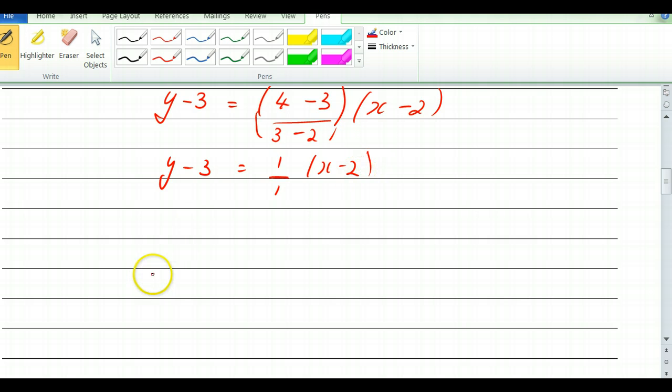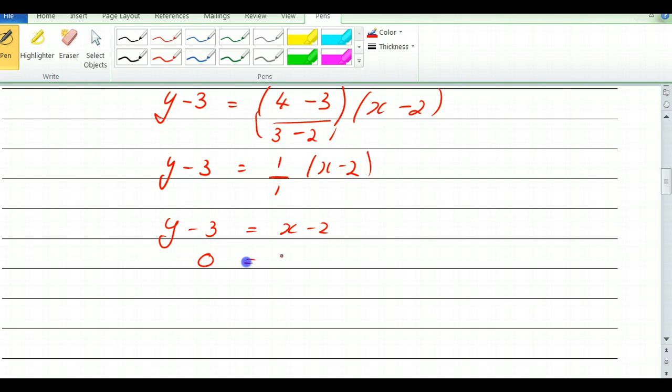So simplifying that down a bit further, we have y minus 3 equals x minus 2, and we can write that in one of two forms. We can write it in this form by taking everything to one side. We can take the 3 over to this side and the y over to this side.